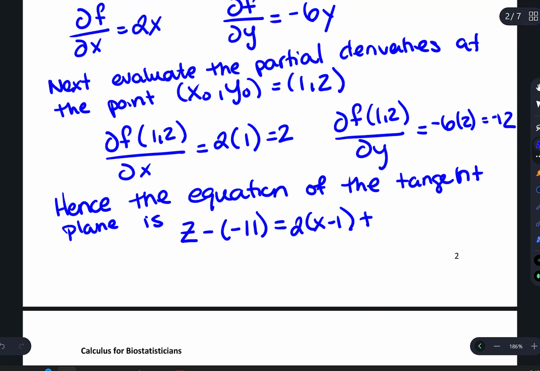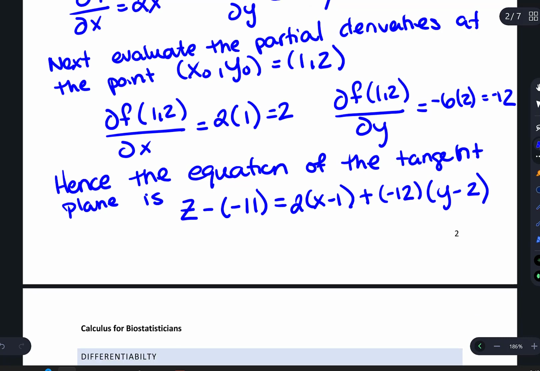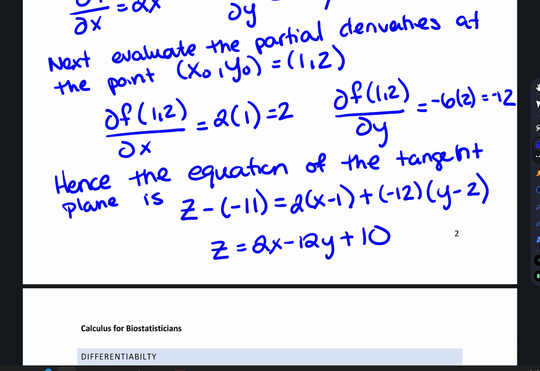And then I'm going to do something very similar for the partial derivative with respect to y. The partial derivative with respect to y evaluated at the point x naught, y naught is negative 12, and I'm going to multiply that by y minus 2. Then we could go through here and simplify, and if you do that, you'll find this is equal to z equals 2x minus 2y plus 10, and that gives the equation of the tangent plane.